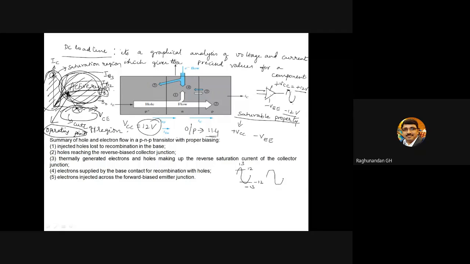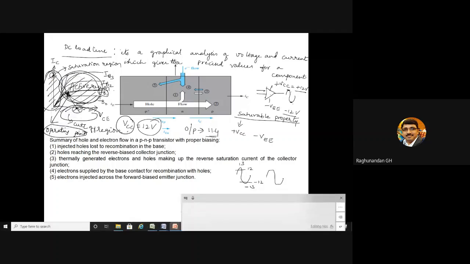We will be using a DC signal, that DC signal is plus VCC. By properly tuning that DC signal, we'll tune the collector current also. When you tune both collector current and voltages, the operating point will shift and be at a certain zone. That is known as proper biasing.